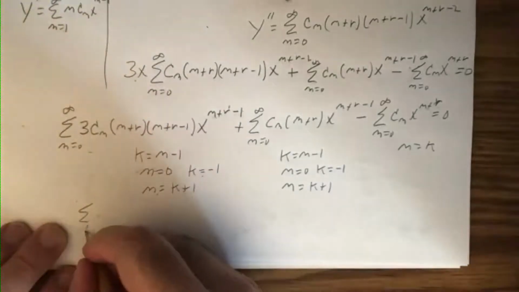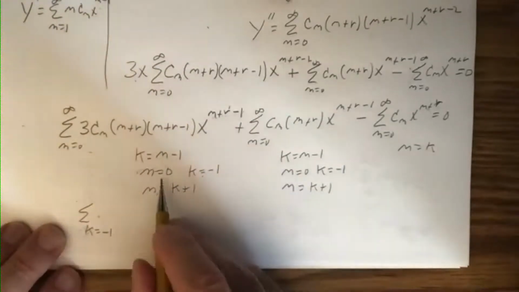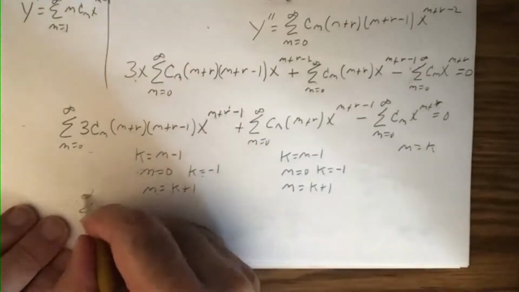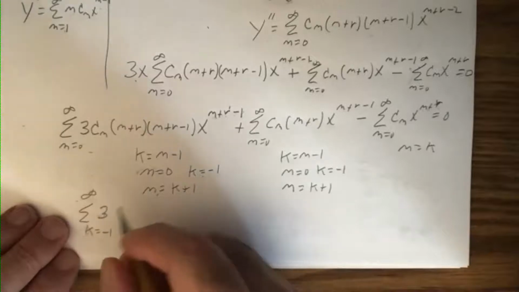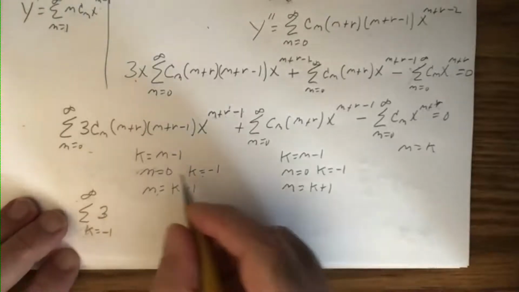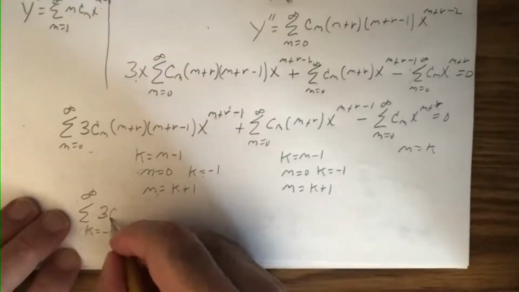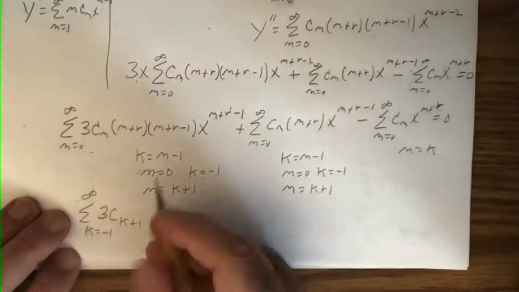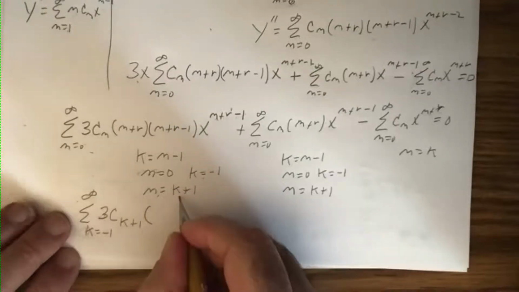When n is equal to 0, k goes to -1, based on this substitution. So this is k equals -1. Then this is n, so this is going to be k plus 1.